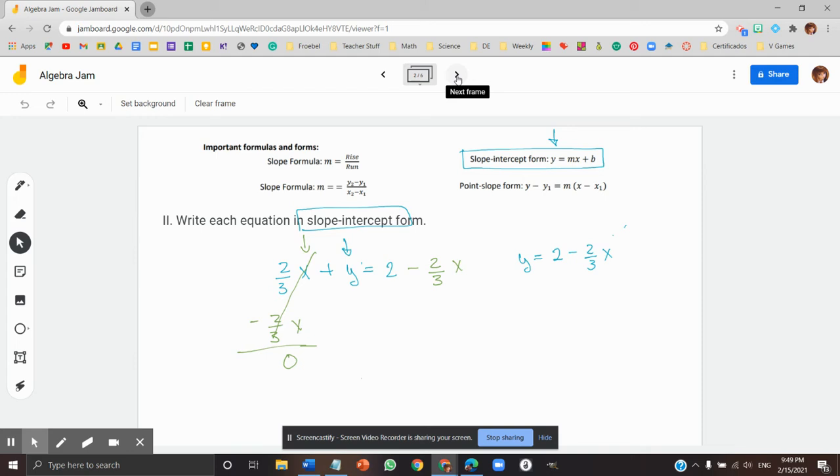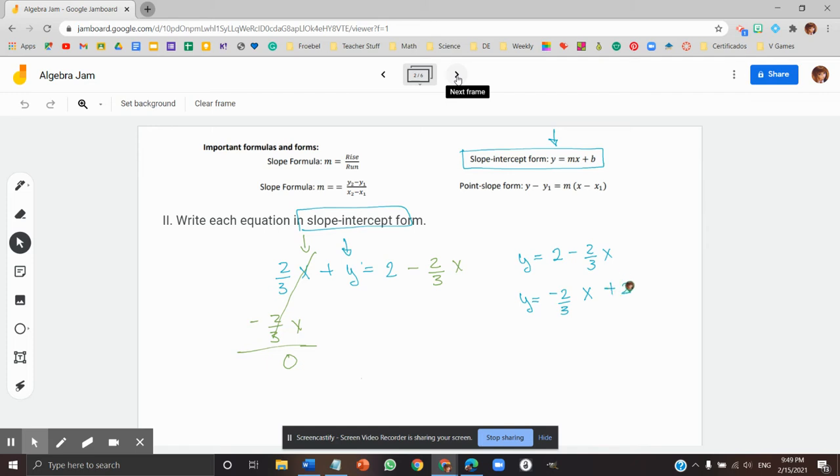Let's just move some things around with the associative property, the commutative property. So I can say, for example, that y equals negative 2/3 x, and that 2 is positive, right?